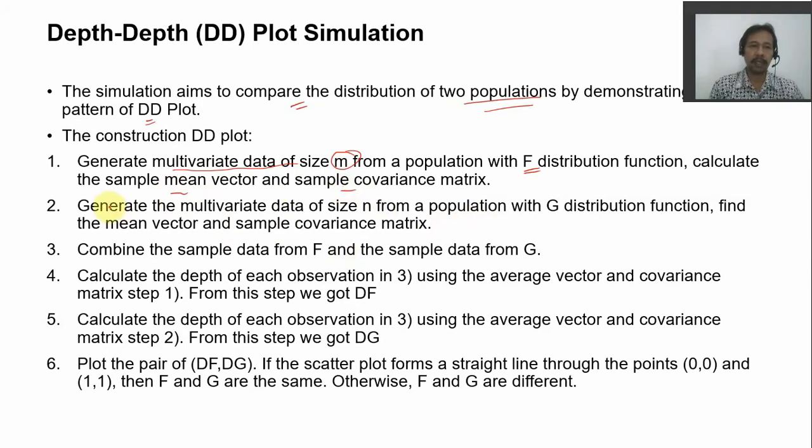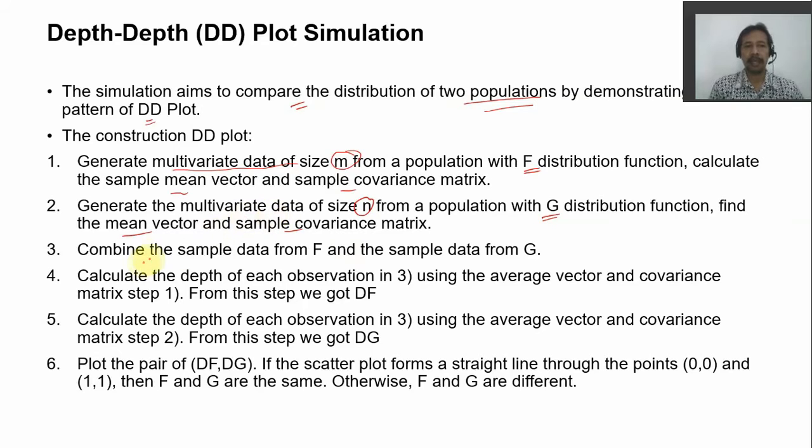The second step, we generate other multivariate data of size n, but here from a population with distribution function G, and then we calculate the mean vector and sample covariance matrix.